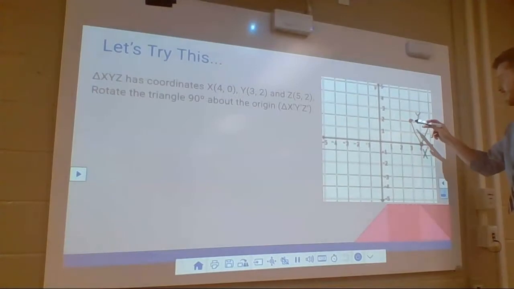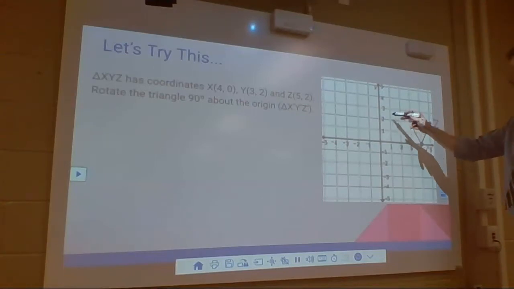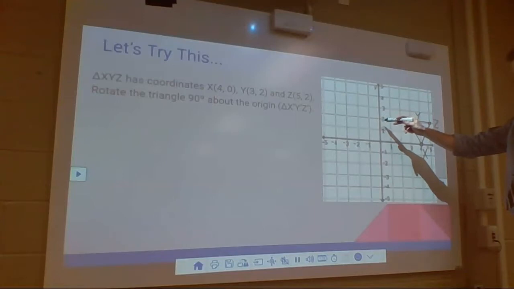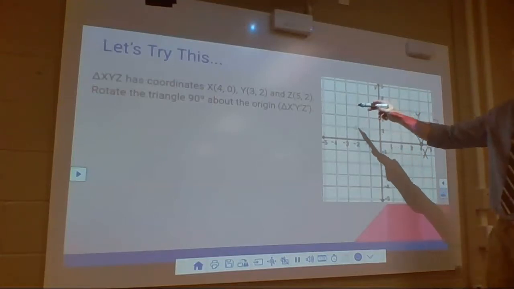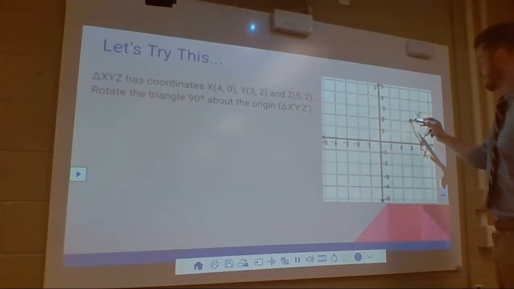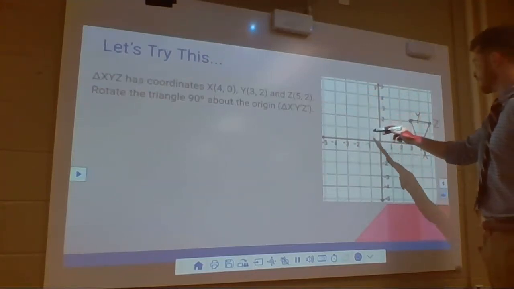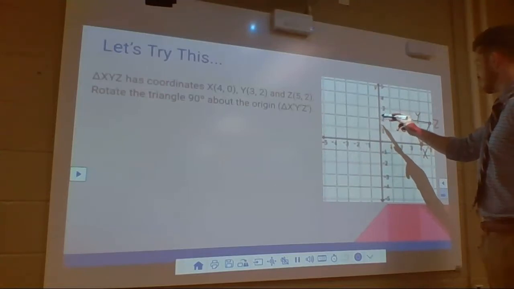It's actually going to be 2 units away, not from the x-axis, but from the y-axis. And 3 units away, not from the y-axis, but from the x-axis when I plot it in the second quadrant. Okay, so it's going to go 90 degrees and move into the second quadrant. So, like I said, 3 units away from the x-axis.